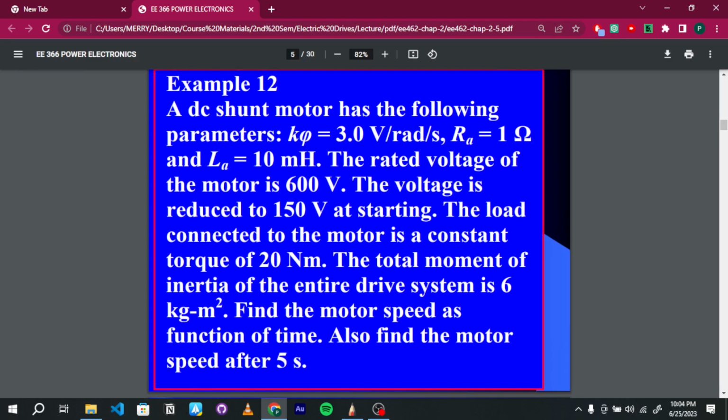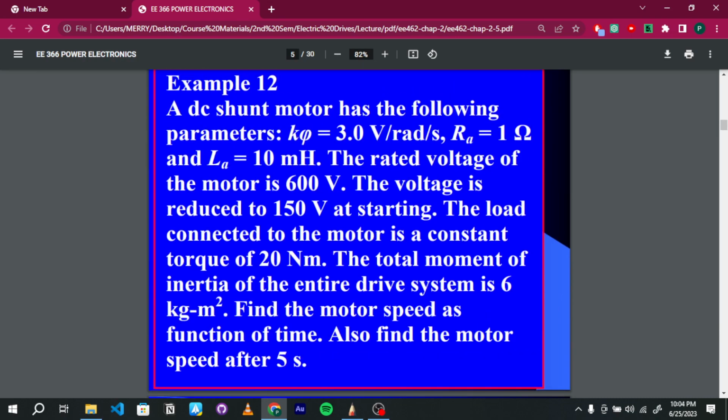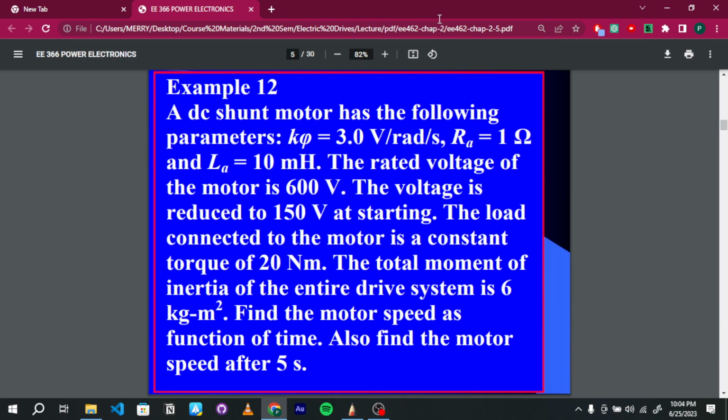A DC shunt motor has the following parameters. We've been given K phi, RA, LA. Once we have LA, it means LA is not neglected.